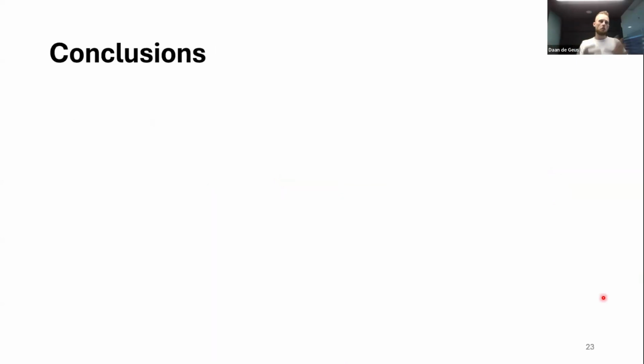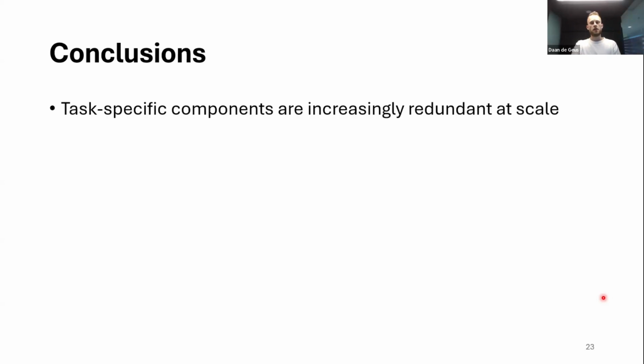So the midterm conclusion before I go to our most recent paper is that we find that task-specific components, at least for image segmentation, but I'm pretty sure that this also applies to other tasks and other domains, become increasingly redundant at scale, and specifically pre-training scale and model size.